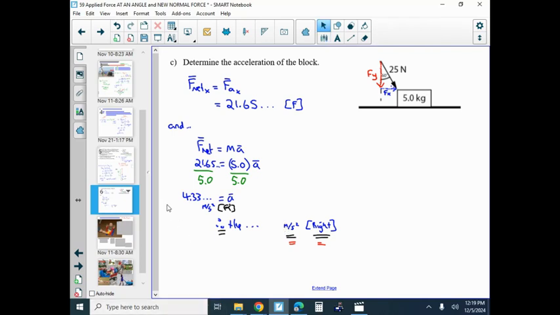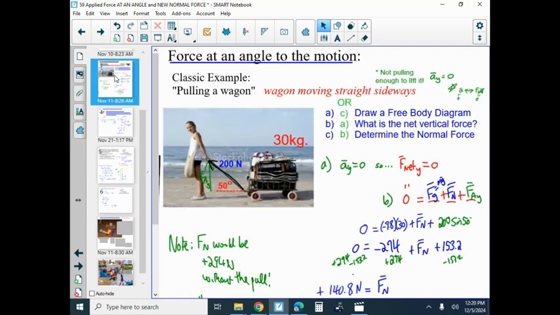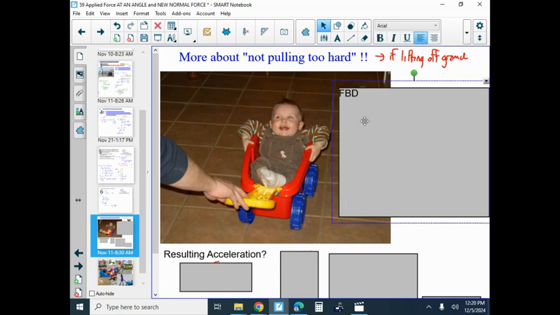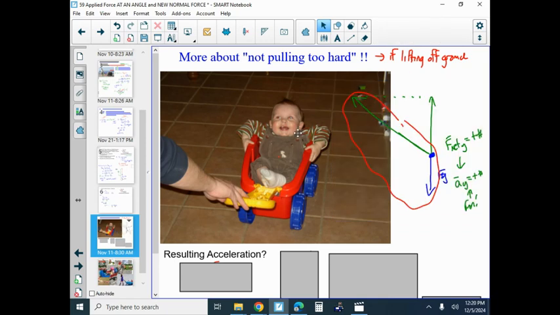So I mentioned earlier the idea of not pulling too hard, so that we still have this acceleration in the y direction be 0. Just a quick look at what would happen if you pulled too hard. You can tell this seriously could be a picture of me with my first daughter. It looks like my arm and it looks like her, but it's not. It's just from the internet. But if this dad pulls, you can tell he's going to pull hard, and this kid's anticipating it.